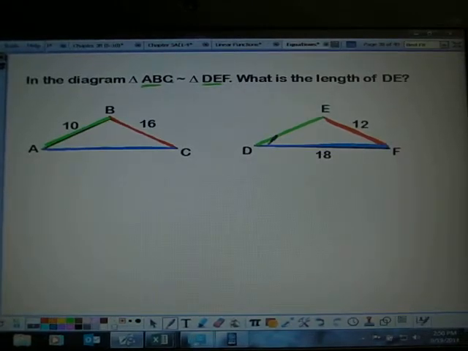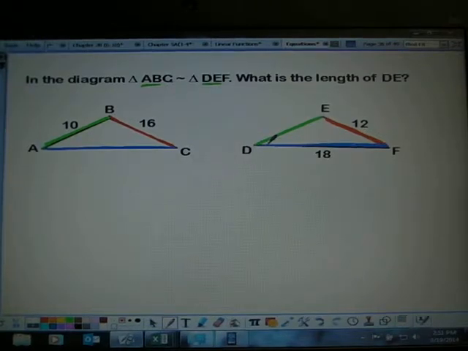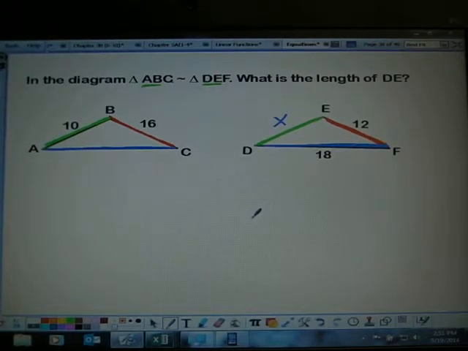Now, in order for you to solve these and find a missing side, you have to know which sides match up. And so I'm using colors to represent that, so it's very easy for us to talk about. So you can see that the green sides match up, the red sides and the blue sides match up. Now, if we're trying to find the side from D to E, that's this one right here, now we have a better idea of which numbers to use.